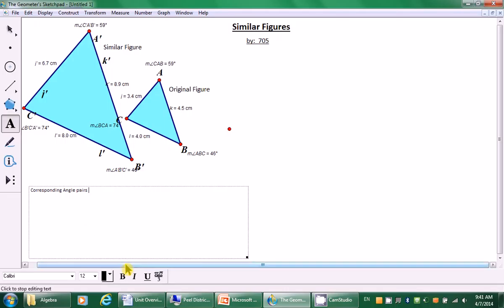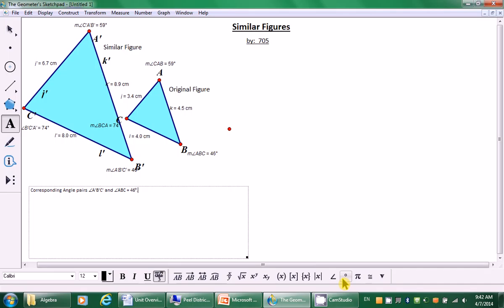Okay. So let's review our angles. So let's get the angle symbol. So angle A prime, prime is just the apostrophe, right? B prime, C prime, and angle ABC, both equal. Now in my diagram, it's 46 degrees.